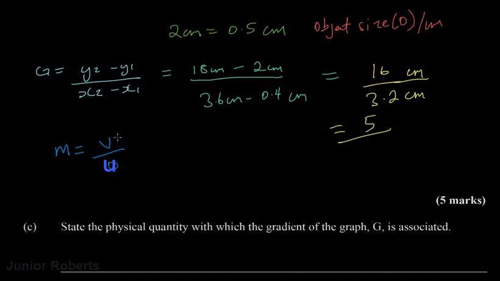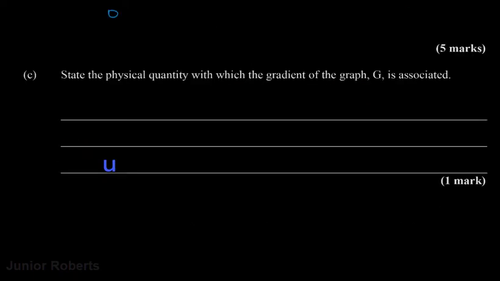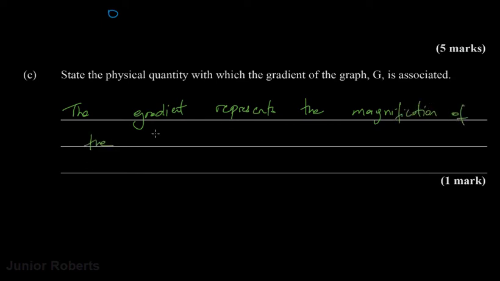So since our graph is the image size plotted against the object size, once we find the gradient of this graph, we will get the magnification. So we'll say that the gradient represents the magnification of the lens.